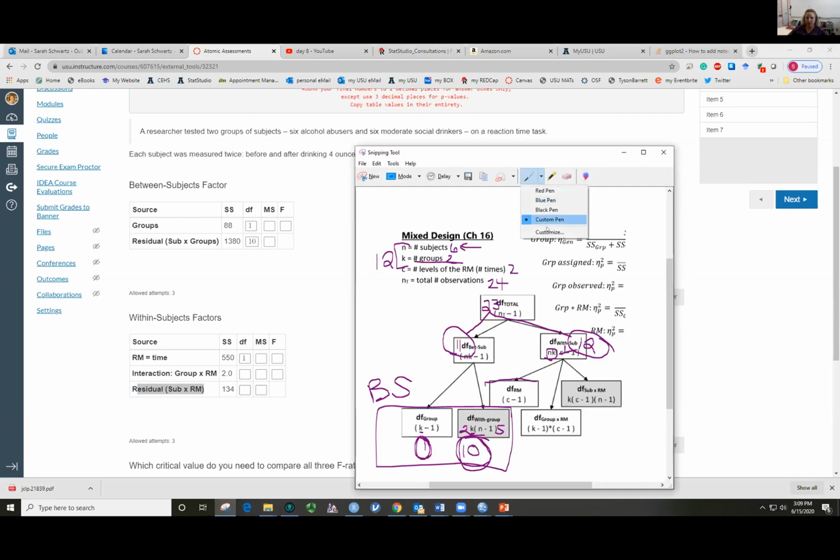Let's go blue. How many degrees of freedom do we have here? It's C minus 1. C is the number of repeated measures. 2 minus 1 is 1 degree of freedom here. Okay, we figured that one out. Now let's go to the middle white box. It's going to be k minus 1. What's k?